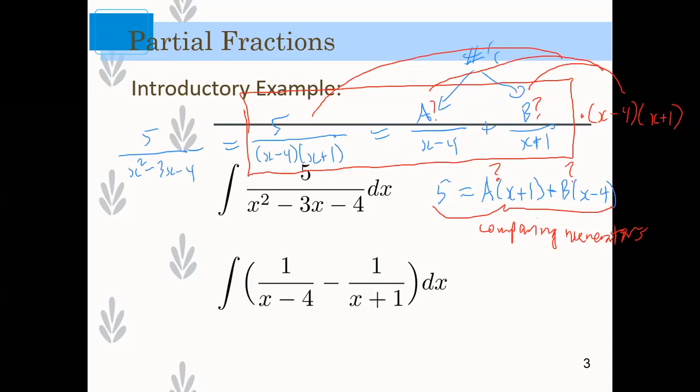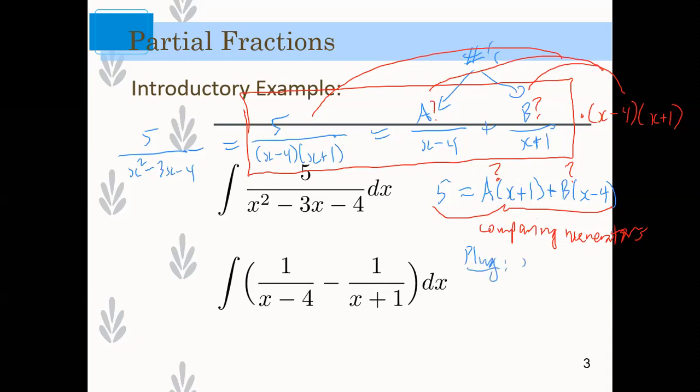There is a way to get some equations you can compare things with. But in this case, there's actually an easier way to do it by simply plugging in values for x.